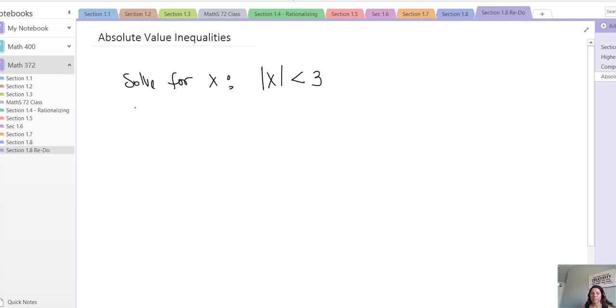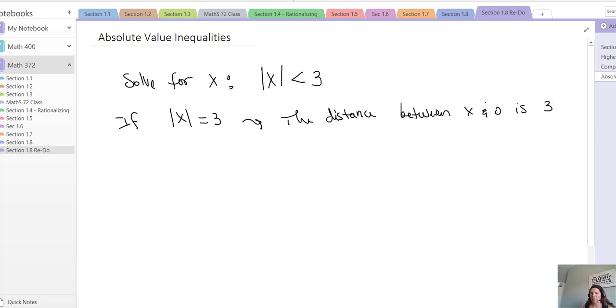Now remember, back when we did absolute value equations, if I had the absolute value of x equals 3, the absolute value means the distance between x and 0. So this says the distance between x and 0 is 3, and I think this was in the quiz.